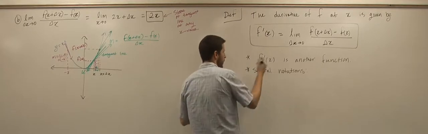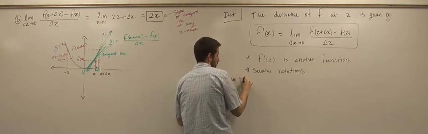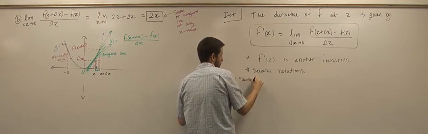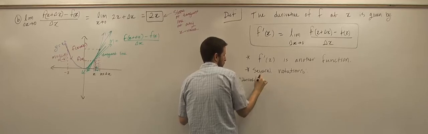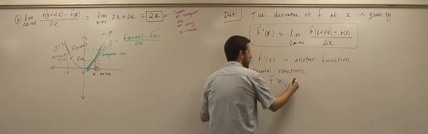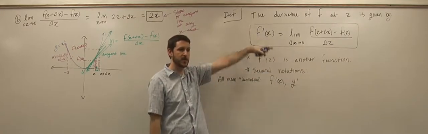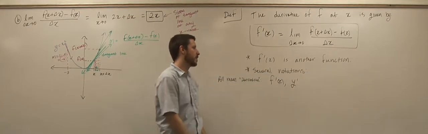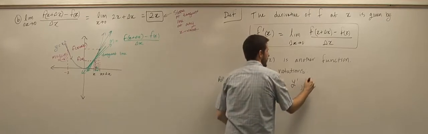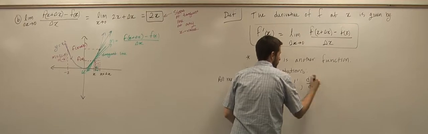So all of these mean derivative. Okay, so f prime is what we just saw. You could also see y prime. If I use y instead of f for my function, y prime means the derivative. You could also see something like dy dx.